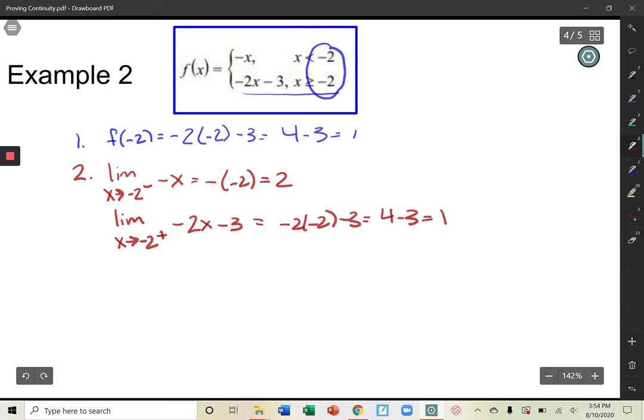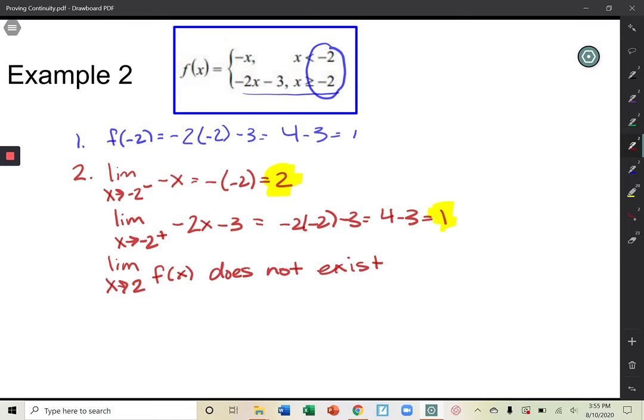Here's our problem right here, right? I've got a left-hand limit of 2, I have a right-hand limit of 1. What does that mean for me? I will say the limit as x approaches -2 of f of x does not exist, because the left-hand and right-hand limits are not the same.